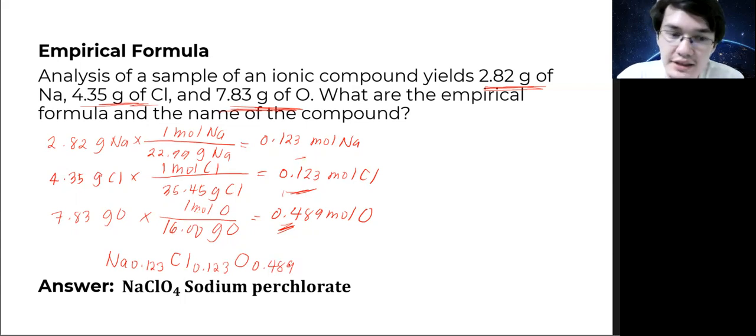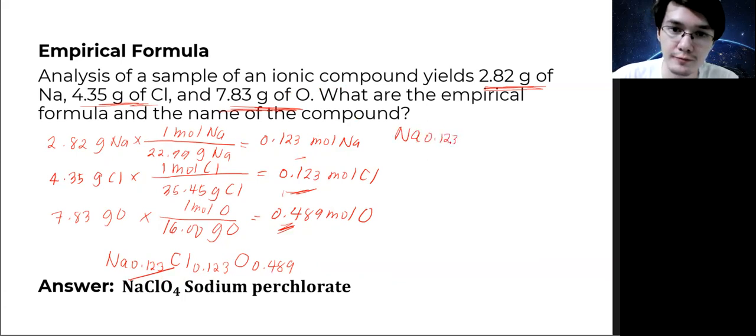So since the required subscripts of chemical formulas are integers, we make use of the steps. So we should divide them by the smallest subscript calculated. Since the smallest is 0.123, we divide all of the subscripts by 0.123.